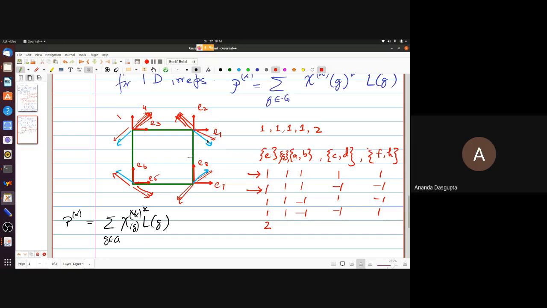Okay. However, there are two-dimensional representations, right? And of course, why are there two different representations despite being both the same irrep? Because their basis vectors are different, right? You have 8 independent basis vectors ultimately.